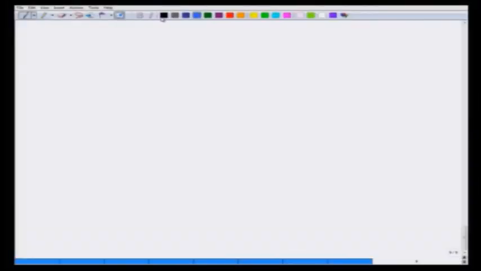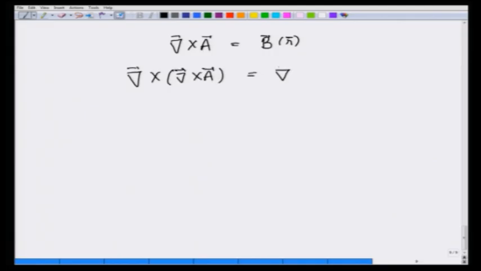To develop this equation, we start with the equation curl of A is B(r) and take curl again on both sides. So, curl of curl of A is equal to curl of B. For curl of B, I know in terms of the current density, which is nothing but mu naught J(r).